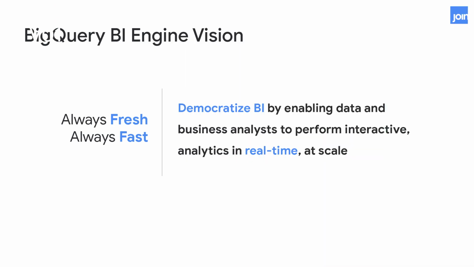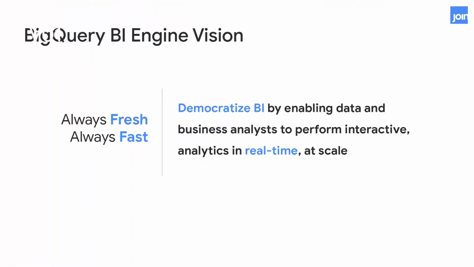The whole vision of BigQuery BI Engine is to democratize BI by enabling data and business analysts to perform interactive analysis on the data in real time. Traditional BI tools compromise between data freshness and speed. If you want data to be really fast, you have to extract the data. In this process, you lose the freshness and you end up doing BI on stale data.